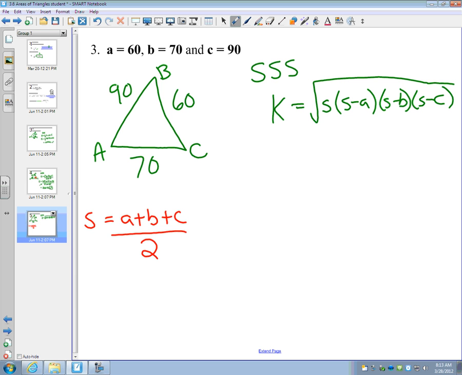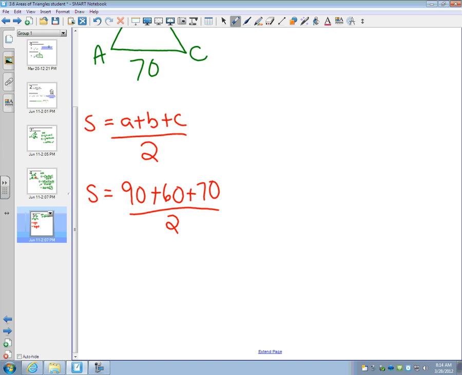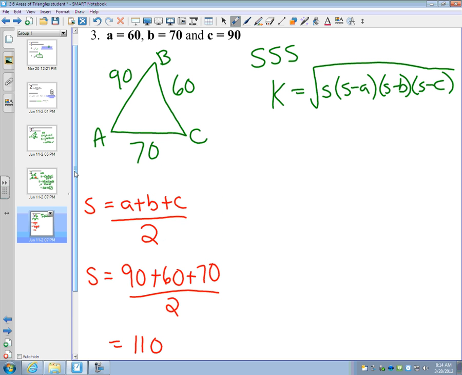I might take a second here and actually calculate out what S is. That might help me out. So S is equal to 90 plus 60 plus 70 divided by 2, which is equal to 110. Now that we know S is 110, I can sub this into my formula.